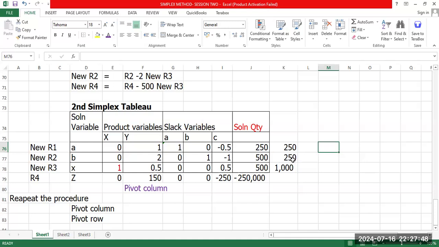Why not row 2? Why are you choosing row 1? Because I'm saying it's the one with the lowest what? Lowest values. Because here you have 1 and here you have 2. Yes, that's what I think.